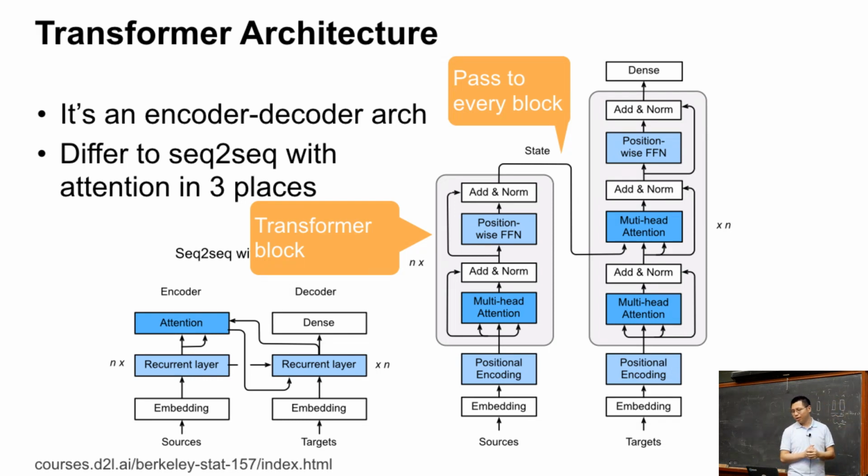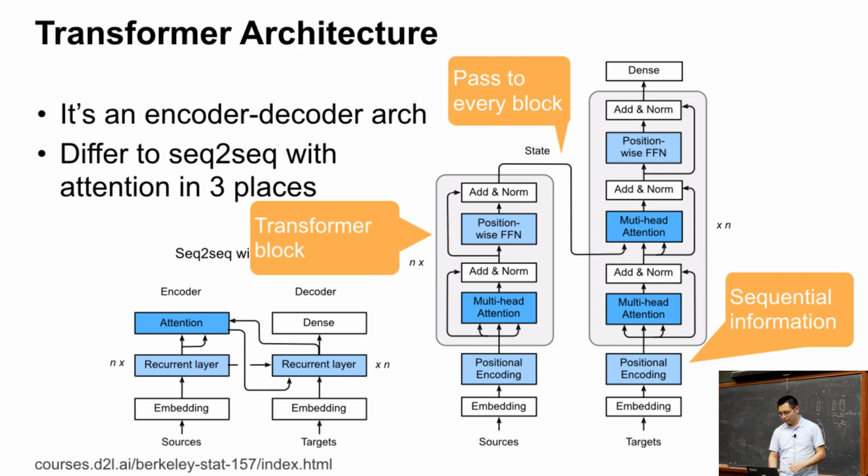We're going to explain multi-head attention in a minute. The other difference is that we have n repeated blocks. The state is passed to every block, not just the first one. Okay? So in sequence-to-sequence we put the attention output as an input to the recurrent layer. Now we put the attention directly into the decoder block and pass the state into every layer we have.